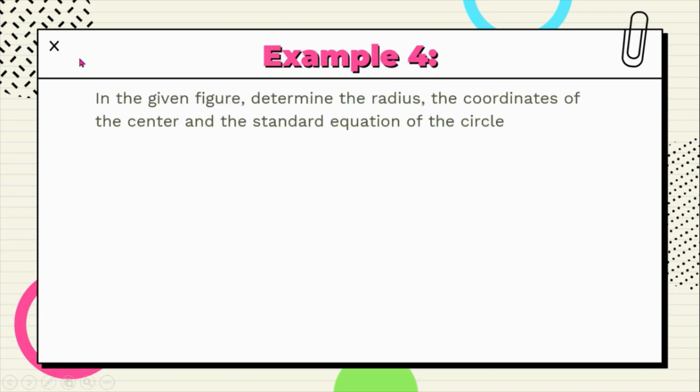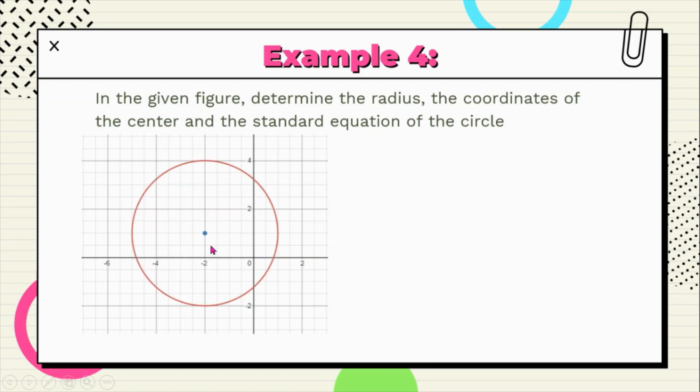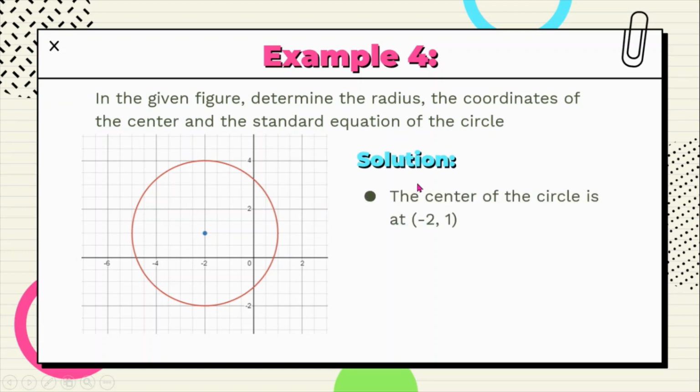Let's now move on to example 4. In the given figure, determine the radius, the coordinates of the center, and the standard equation of the circle. So given this figure, for our solution, the center of the circle is (-2, 1).